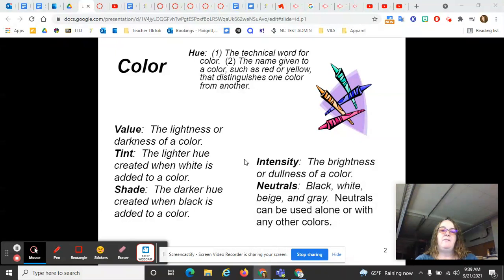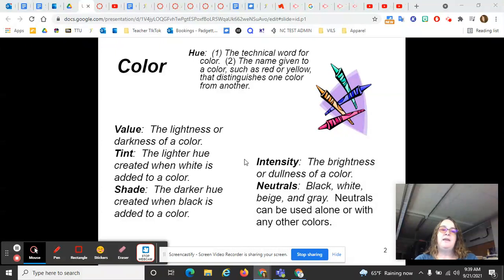Then you have a tint, and that's when you take your hue, your base color, and you add white to it. And that is going to tint that hue. To get a darker hue, you're going to add black, and that will give you a shade.